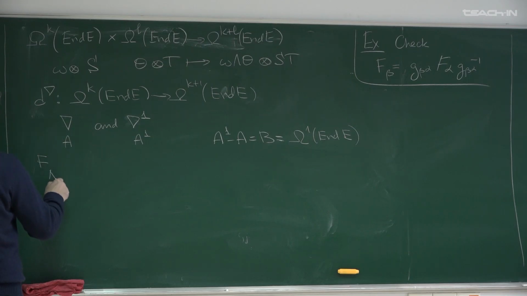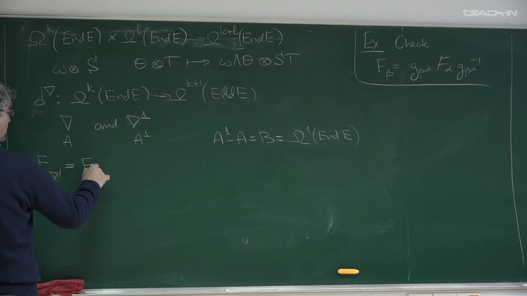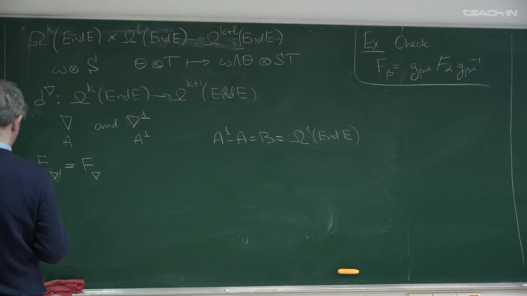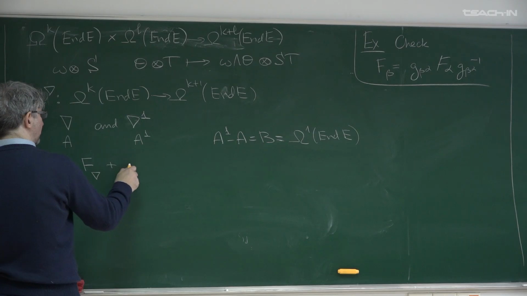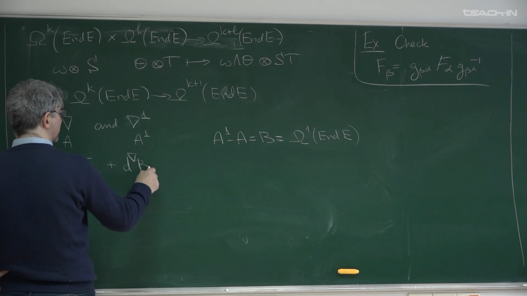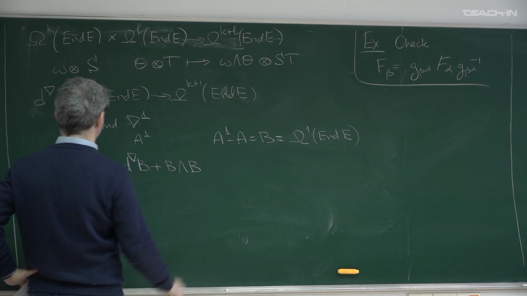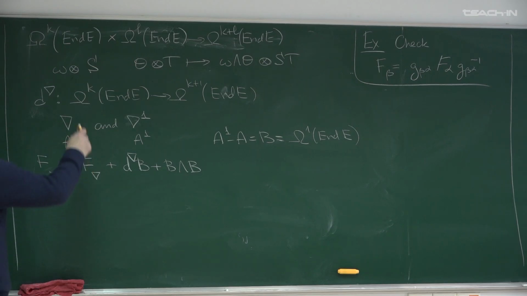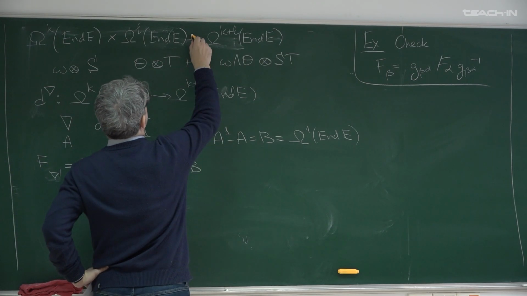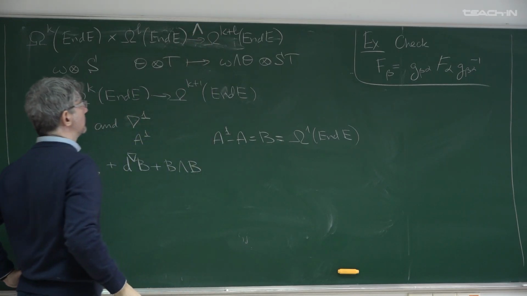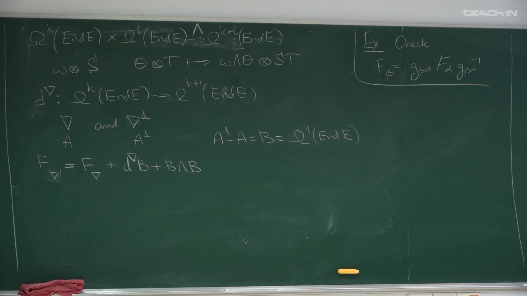The curvature of connection nabla 1 is the curvature of connection nabla plus a very interesting expression, D nabla applied to B plus B wedge B. So this operation is wedge. We wrote a similar formula for A wedge A. We wrote exactly the same.